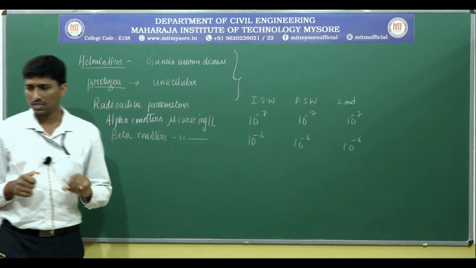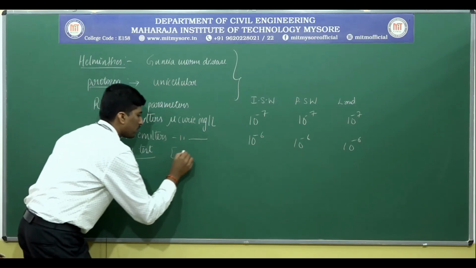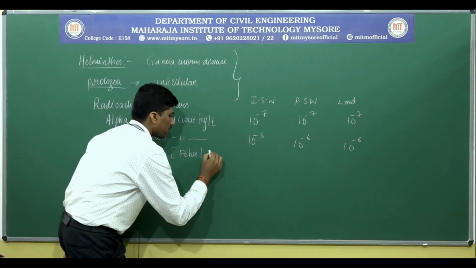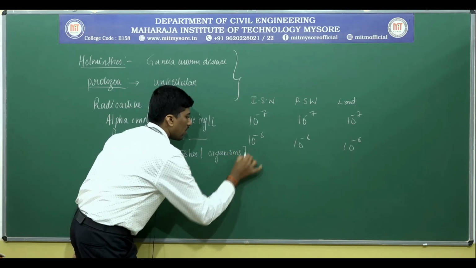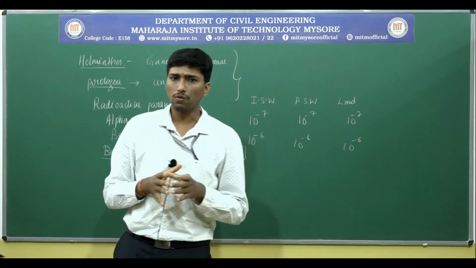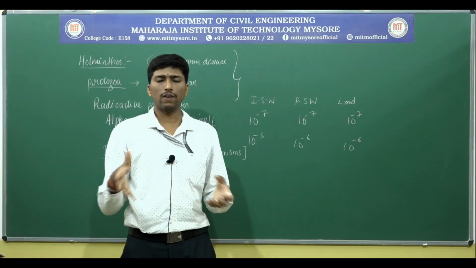Next test, we call it the bioassay test. This bioassay test is mainly conducted on fishes or any similar kind of organisms. What happens? They keep those organisms in an aquarium or any container of the required size.